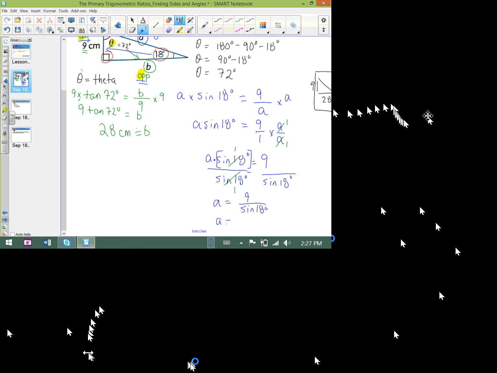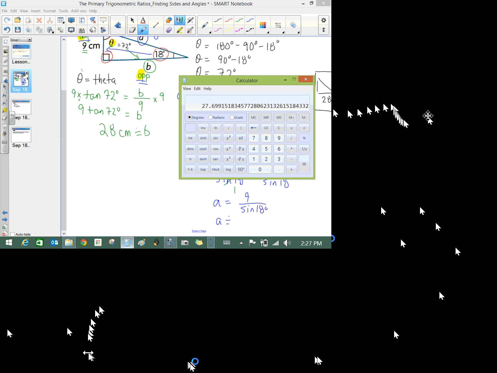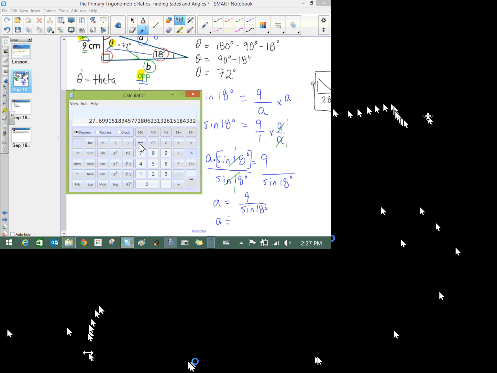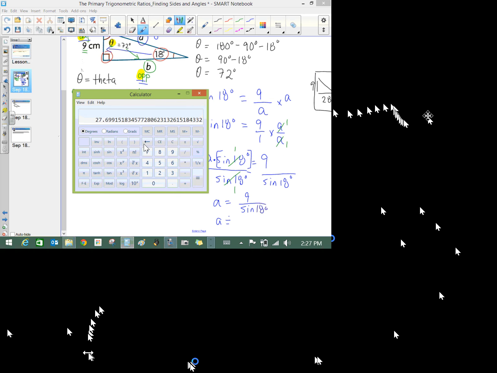So let's get help from our calculator. Let's see what happens here. Okay. So let's take 9. I'm going to divide that by, I'm going to use some parentheses here just to make sure that the order of operations is going to work. So let's put in 18, and I'll take the sine of that.